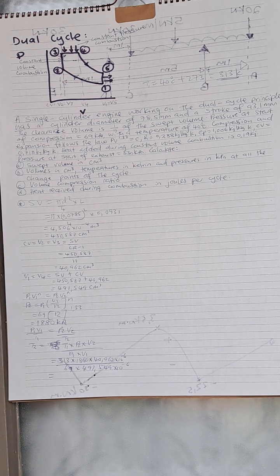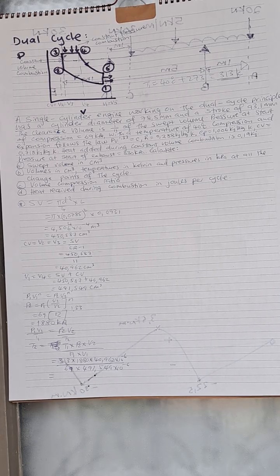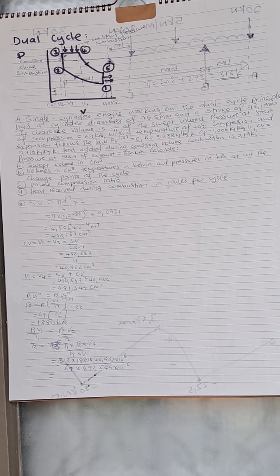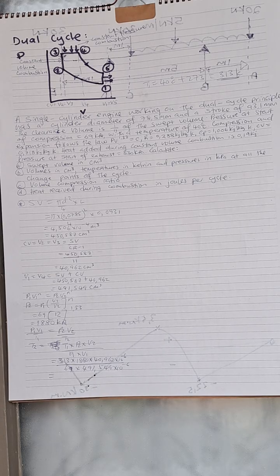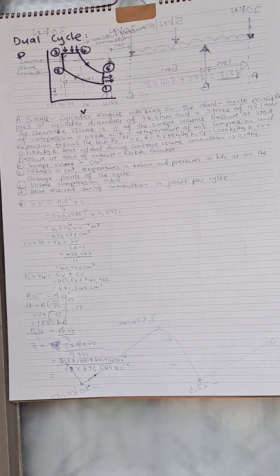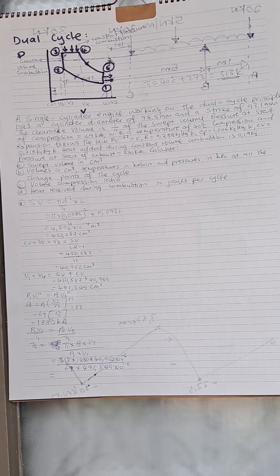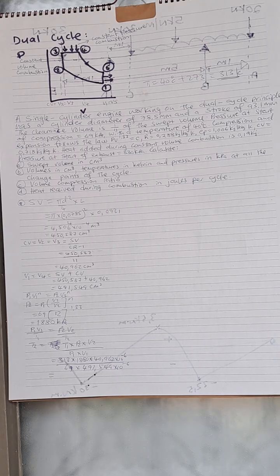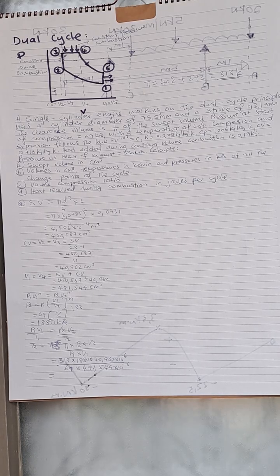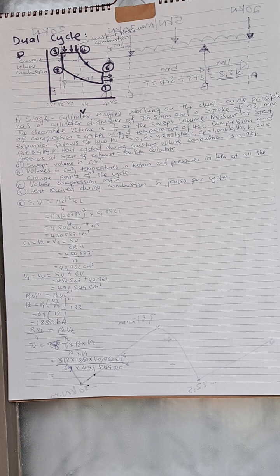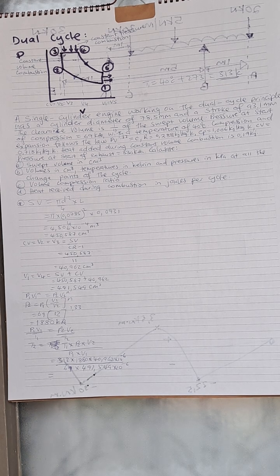So let's get our answer: 313 times 1880 times 40.962 times 10 raised to the negative 6 over 69 times 491.549 times 10 raised to the negative 6.